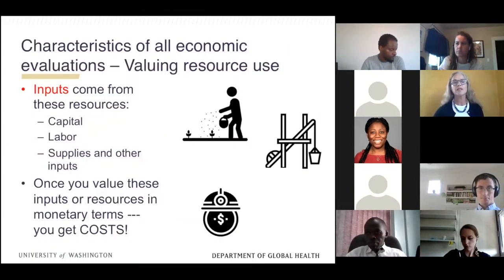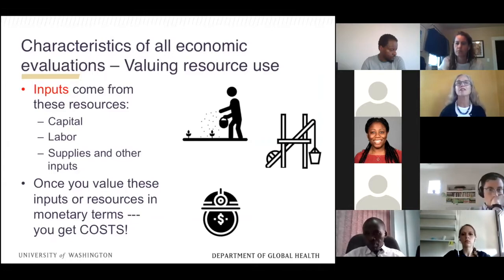So let's look at some characteristics of economic evaluations, just some of the basics. There are many different sources of cost, and basically, cost is a method for valuing our resource use. There are inputs from really three main buckets: capital, labor, and supplies, right?